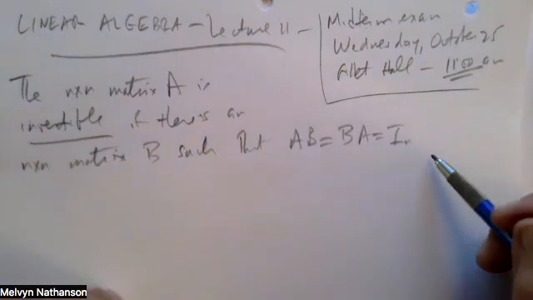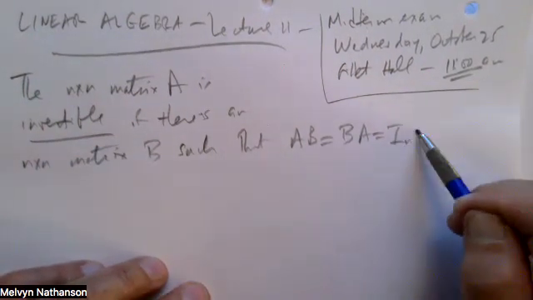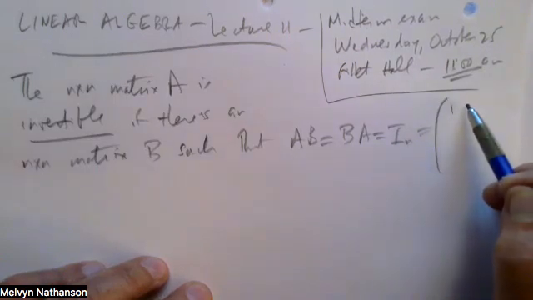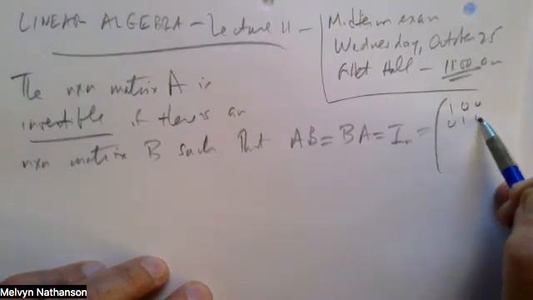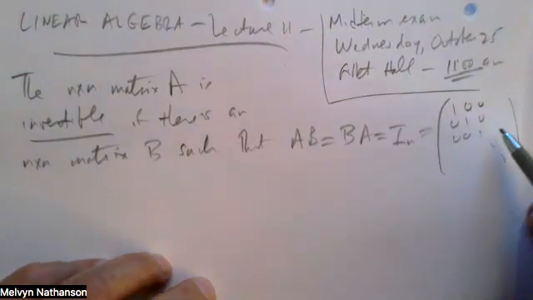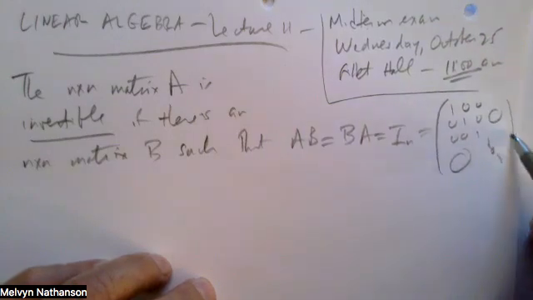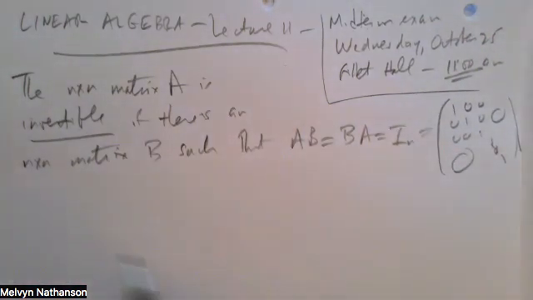I sometimes write just I, or if I want to emphasize, it's an n by n matrix, I sub n. This is the matrix with ones down the main diagonal and zeros everywhere else.